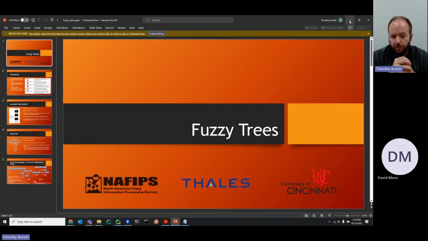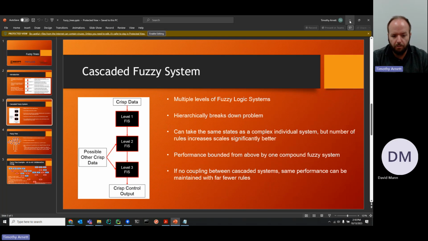So one way to get around that is to limit the number of inputs to a particular fuzzy system. And so fuzzy trees, which are an extension of cascaded fuzzy systems, are a way to do that. Cascaded fuzzy systems are systems where you have multiple different levels of fuzzy logic systems that are hierarchical, and you have data that gets passed into one or more fuzzy systems. The output of those fuzzy systems are then passed into additional fuzzy systems.